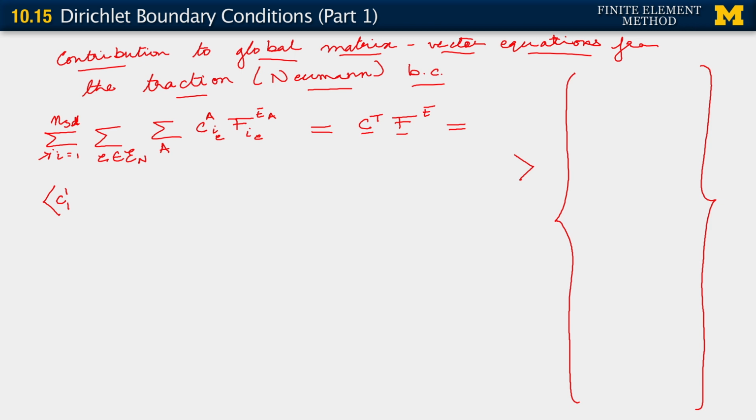So, I'm setting I equals 1, and that is the one that shows up here, and that comes from some element. The fact that we're doing a sum over elements is already accounted for in the fact that we have this global node here.